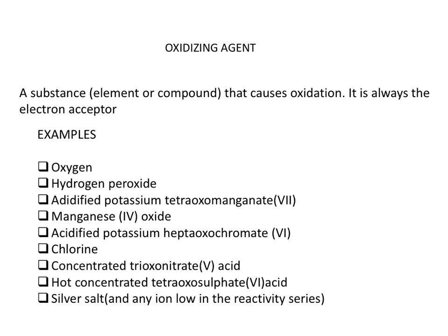Examples of oxidizing agents are oxygen, hydrogen peroxide, acidified potassium tetraoxomanganate 7, manganese 4 oxide, acidified potassium heptaoxodichromate 6, chlorine, conc trioxonitrate 5 acid, hot conc tetraoxosulfate 6 acid, silver salt, and any ion low in the reactivity series. These are all oxidizing agents, and in the two examples we dealt with, that of sodium and chlorine and iron 2 chloride and chlorine, in both cases chlorine was the oxidizing agent.